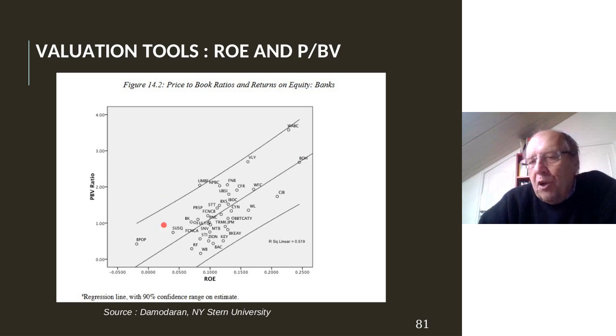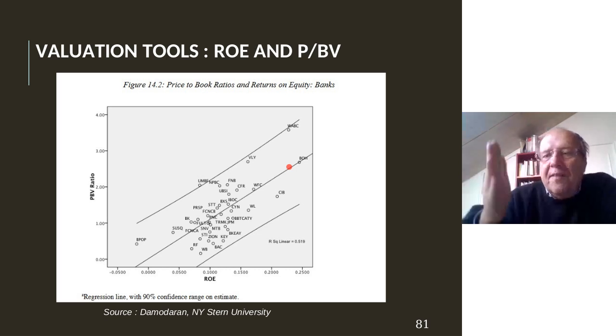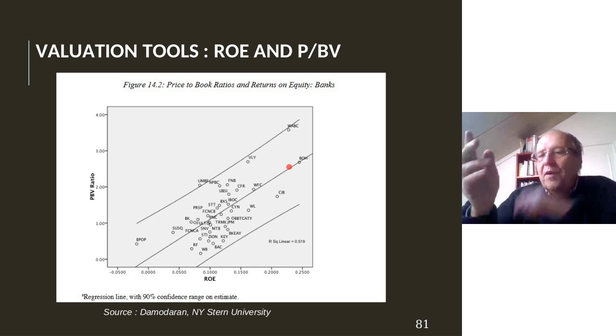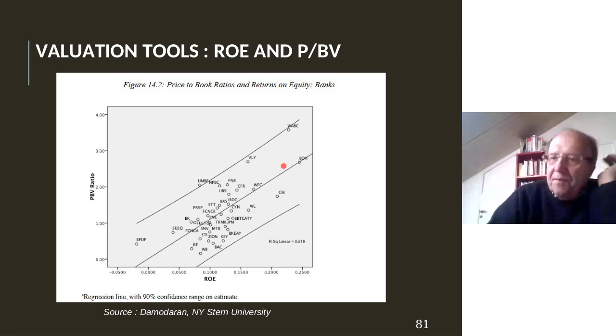So there is a logic behind it: the more profitable the bank is, but it has to be sustainably profitable. If it's profitable just one year, at that level, it's not a huge value. And if the bank is that profitable, maybe the bank deserves a price tangible book at that level.